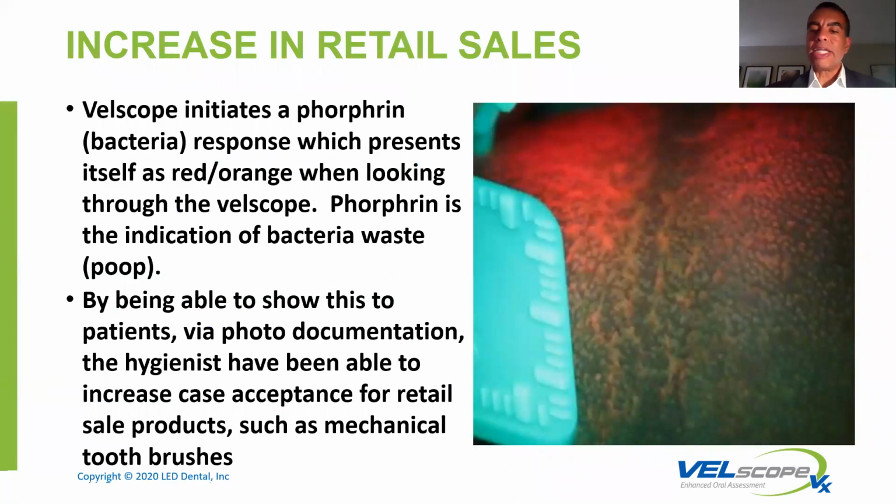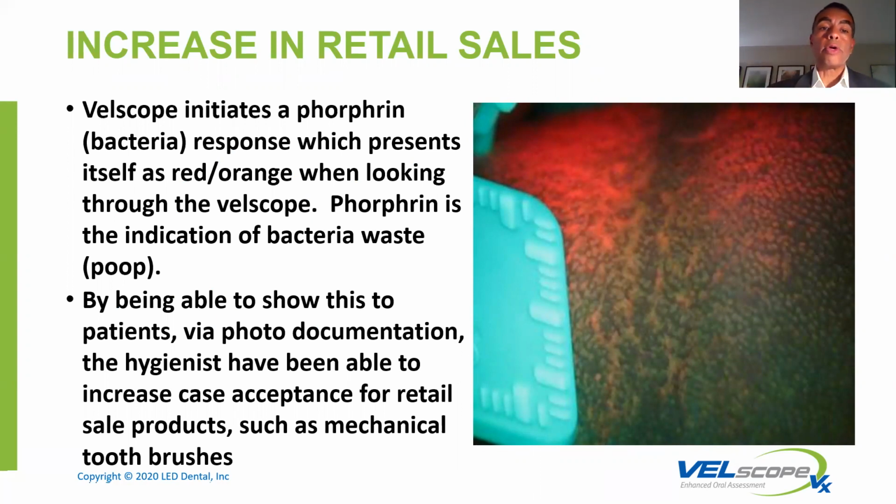So I mentioned communication with the patient. I stole this from a practice who offered Oral-B, I believe it was, but whether it be Oral-B or Sonicare. What they were doing is a VELscope exam. They see the red, take a picture, turn it off, show the patient the red on the iPod, and say, Mrs. Smith, you see this red?